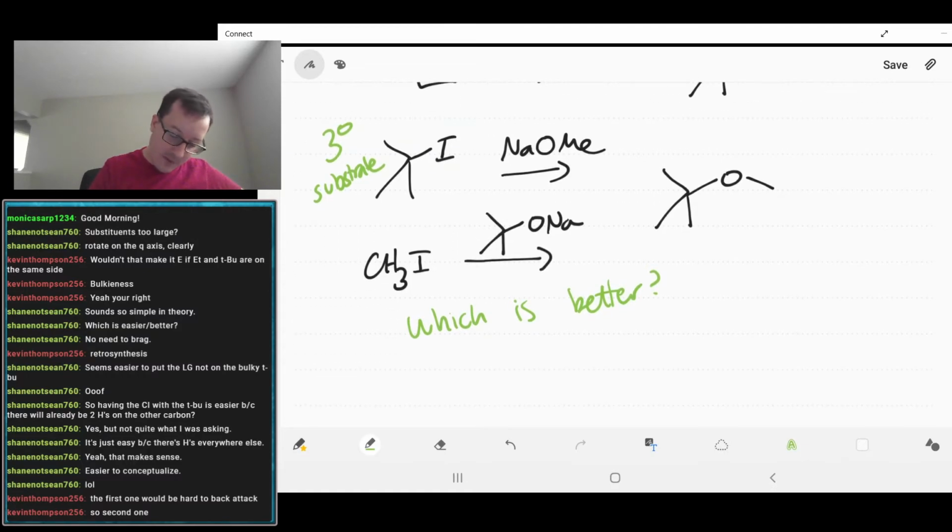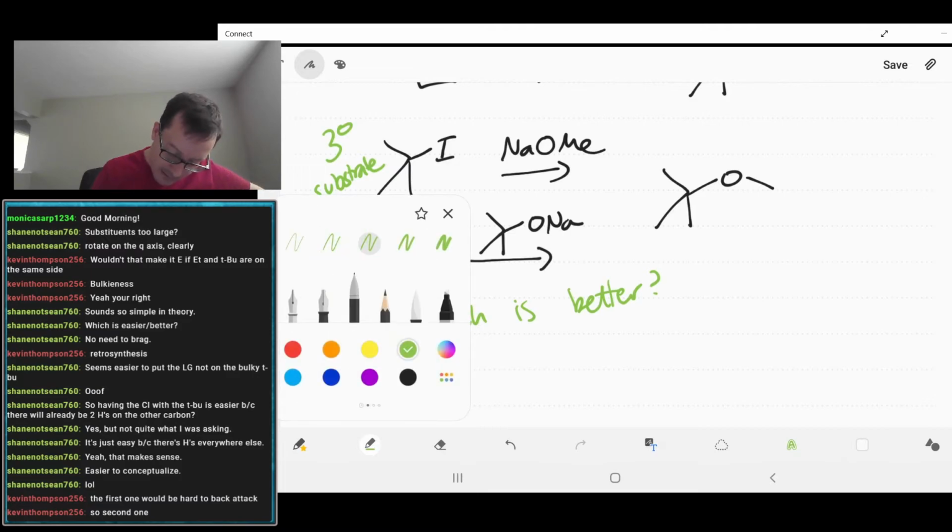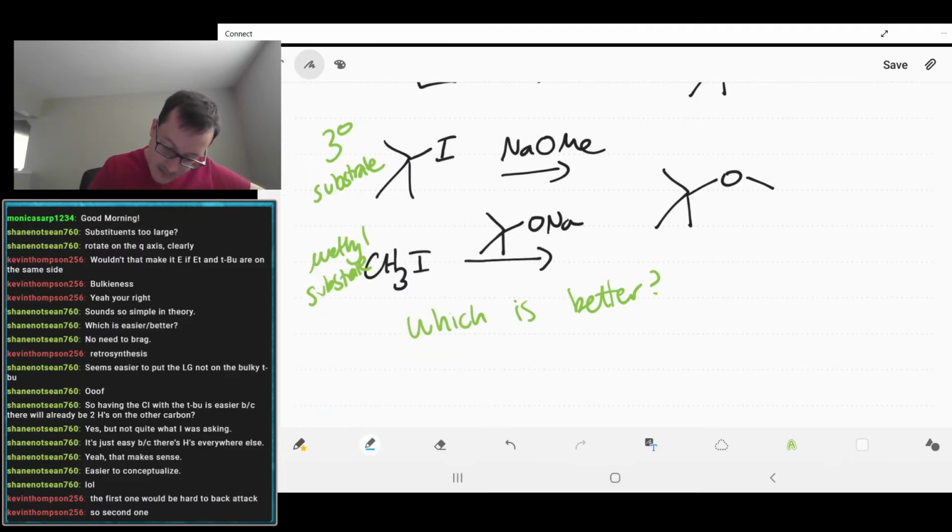If we have this, we have a primary substrate, or actually it's a methyl substrate. That's the best kind. If we compare the nucleophiles, this is the better nucleophile because it's smaller. Usually, the bulkier your nucleophiles get, the harder they are to be good nucleophiles. So this is a worse nucleophile.